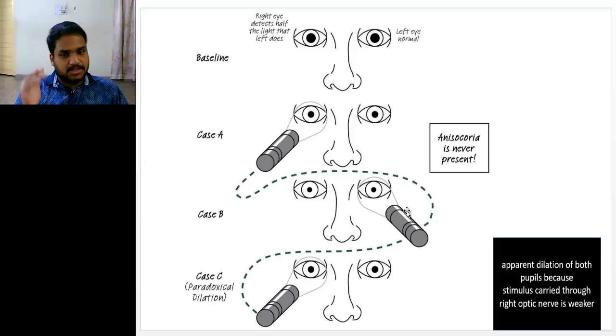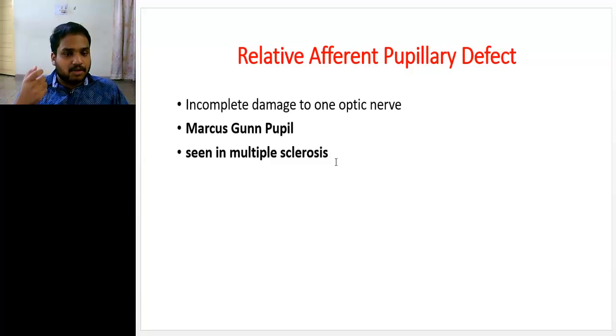So this test is called a swinging flashlight test. You are immediately swinging the light from one eye to the other eye. So that is relative afferent pupillary defect, also called Marcus Gunn pupil, and it is seen in multiple sclerosis, right? Multiple sclerosis is a demyelinating disease.